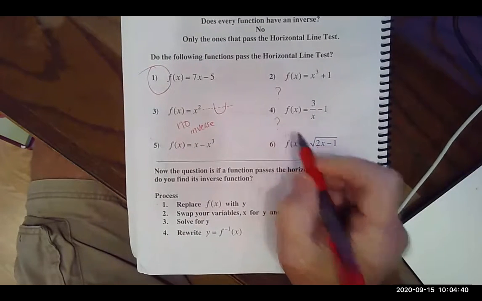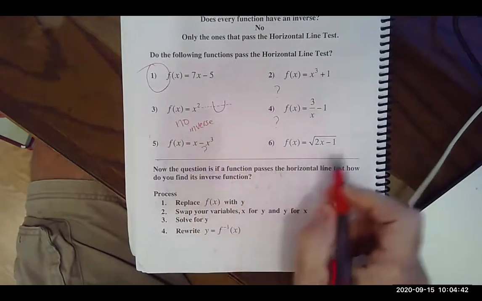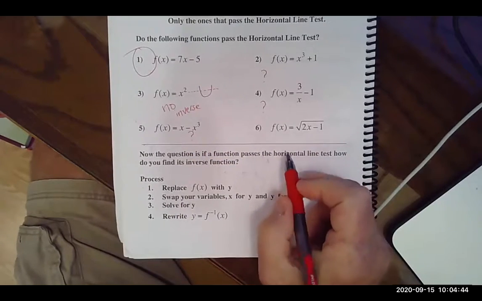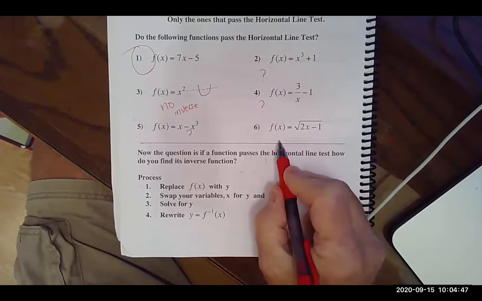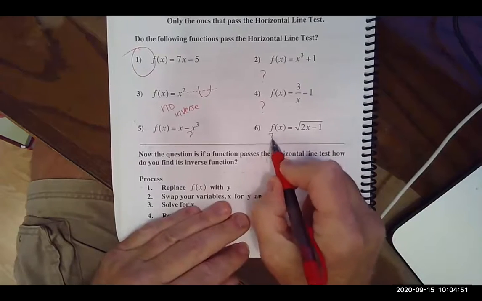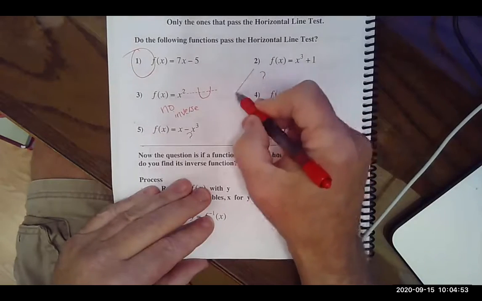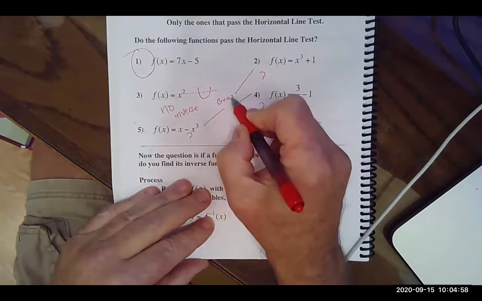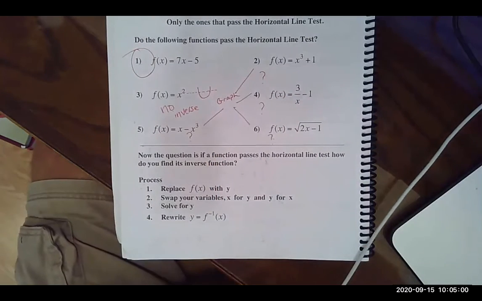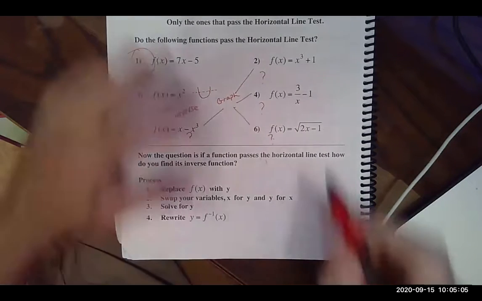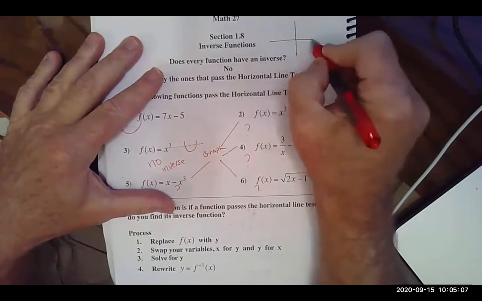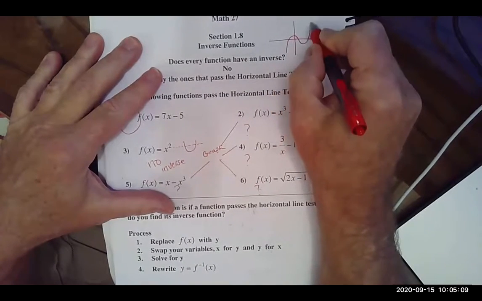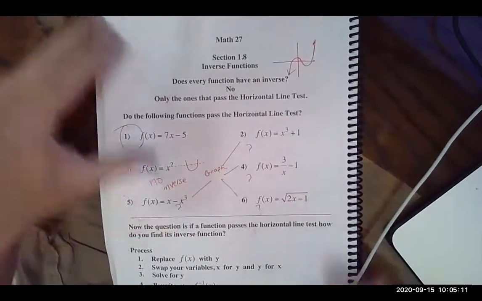How about this one? I don't know. Well, okay, square roots, I have kind of a feeling about square roots. I think yes. But if you really want, you'd graph these. I'll put a question mark. So these, you'd probably have to graph on a graphing calculator. And if it looks like it's got wigglies, like here's one here, there's a function.